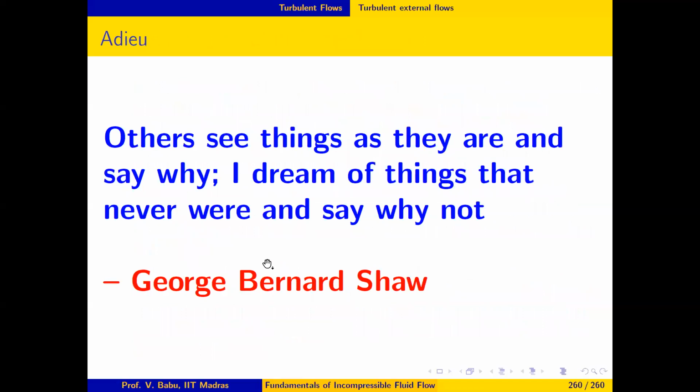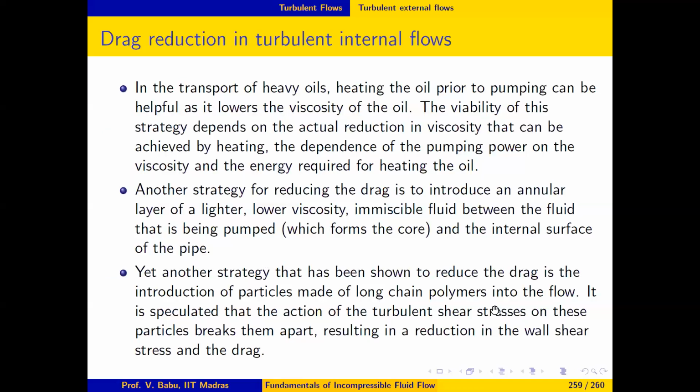Now, another strategy which has also been used in reducing drag in turbulent internal flow is to introduce long chain polymers into the flow. The inspiration for this idea again comes from biology, where fishes are known to secrete mucus, which are very thick viscous substances adjacent to their skin. And the turbulent drag breaks up this mucus.